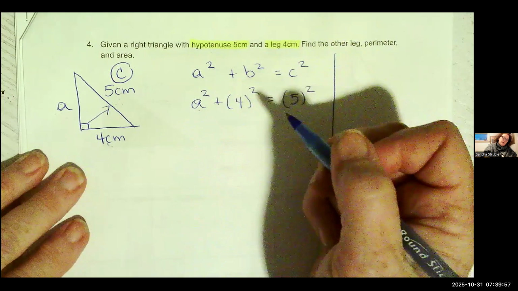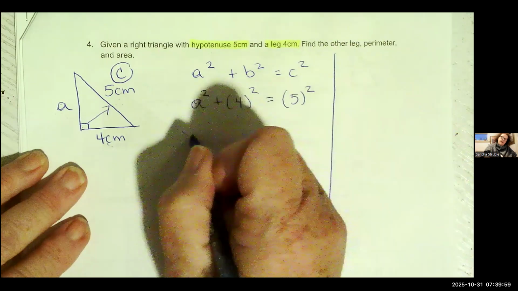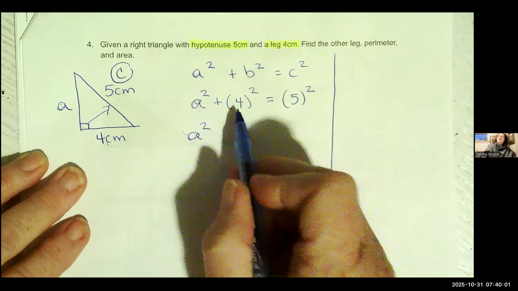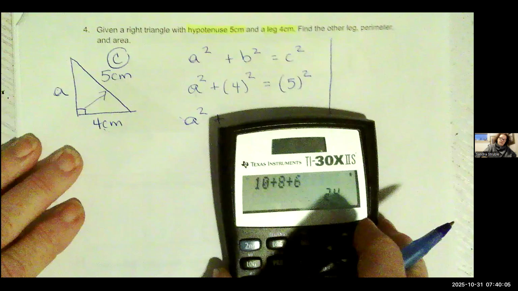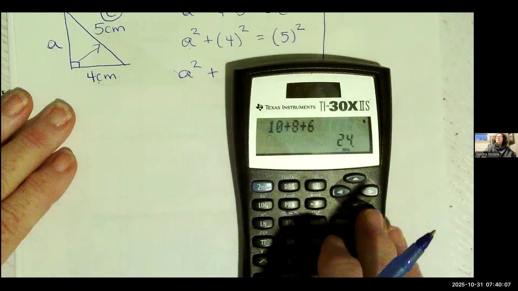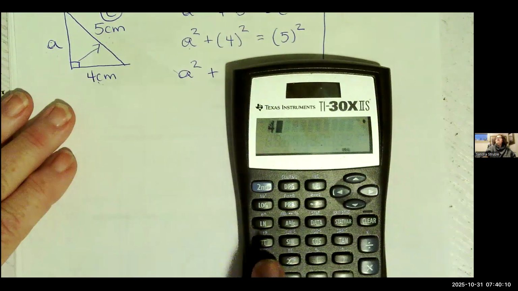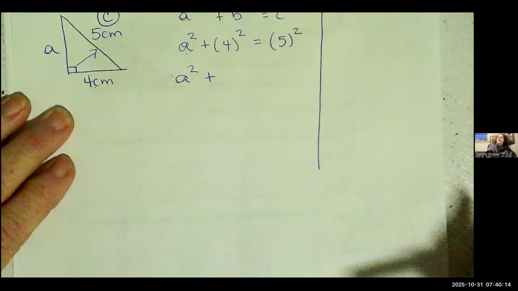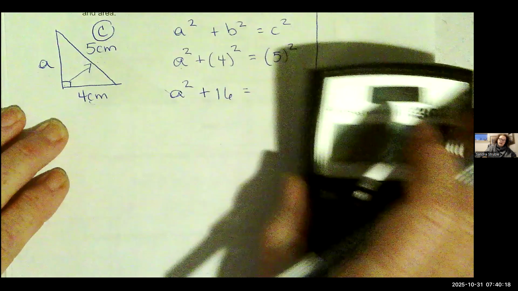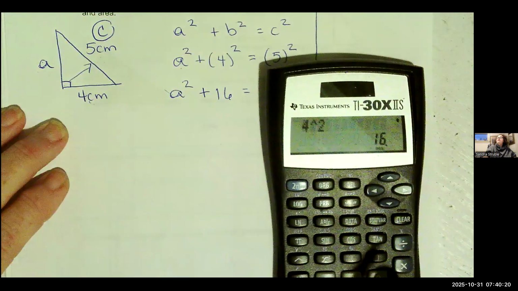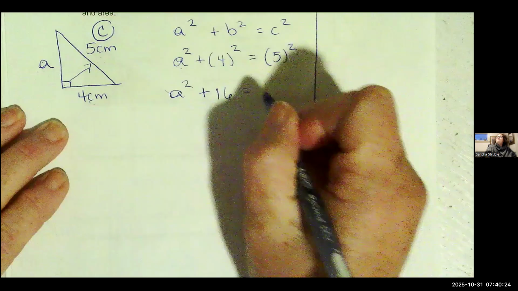So now I need to square my 4 and my 5. 4 squared is just 4 times 4, or 4 caret 2 equals, and that is 16. 5 squared is 5 times 5, or 5 caret 2 equals. Okay.